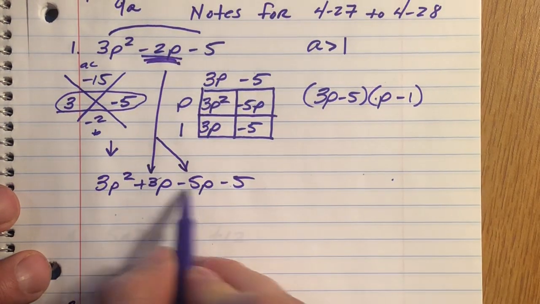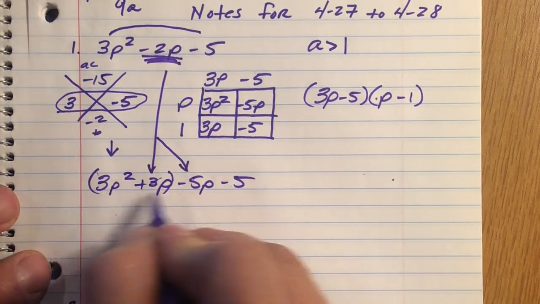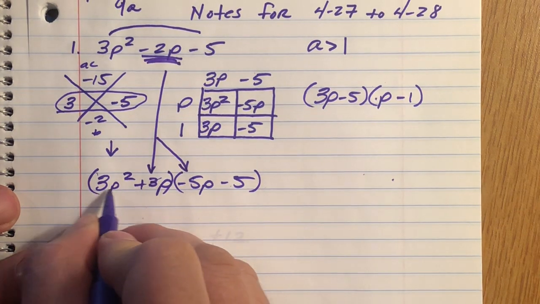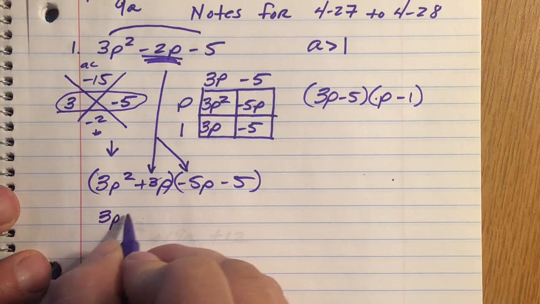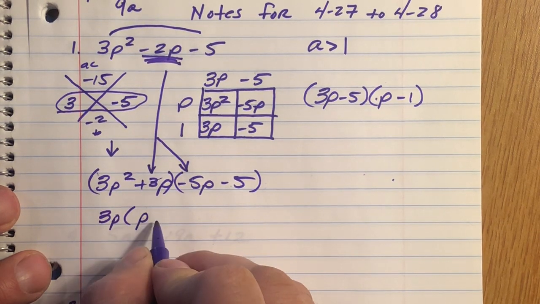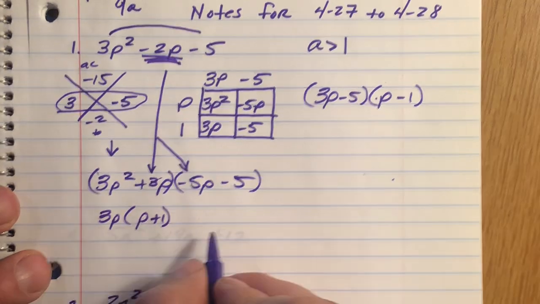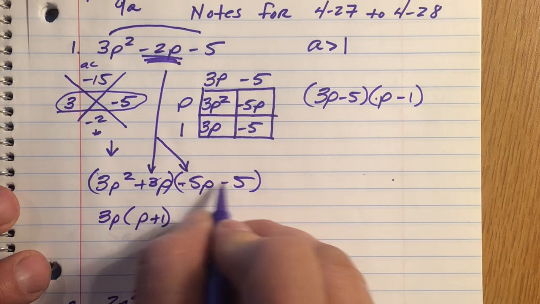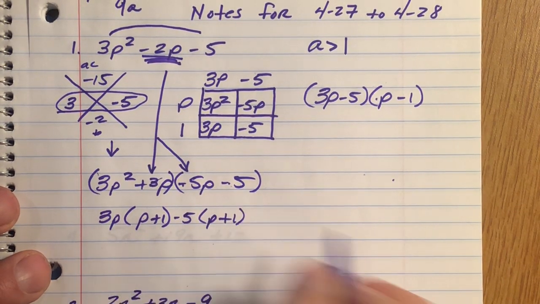So if I add them up, I still get a negative 2, and this is where I'm going to group. So take a GCF out of these two. I'm going to get 3p, and I'm left with p plus 1. Remember, if I do this correctly, I should have that other set of parentheses be p plus 1. These two both have a negative 5, and I'm left with a p plus 1.